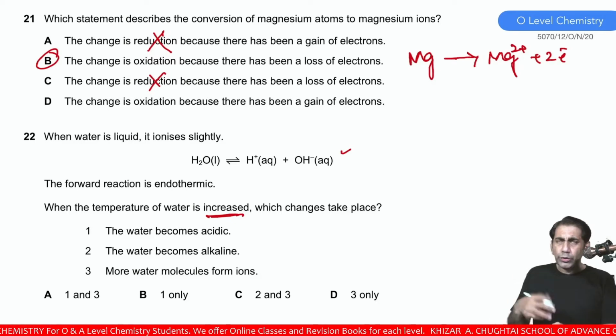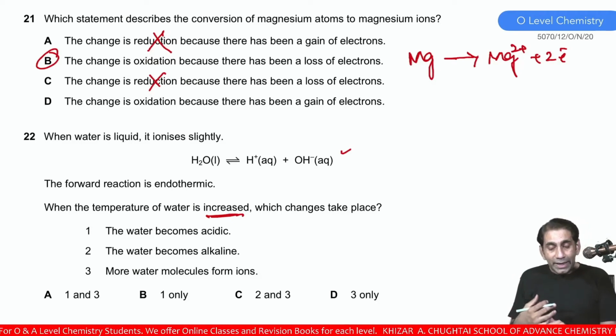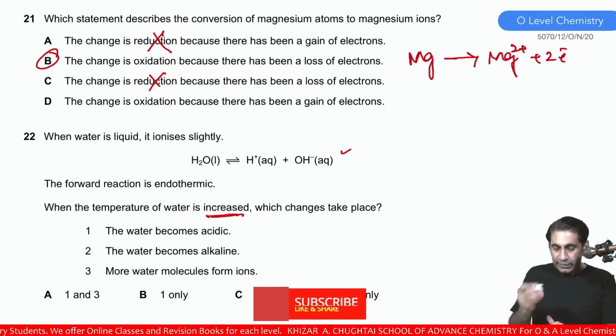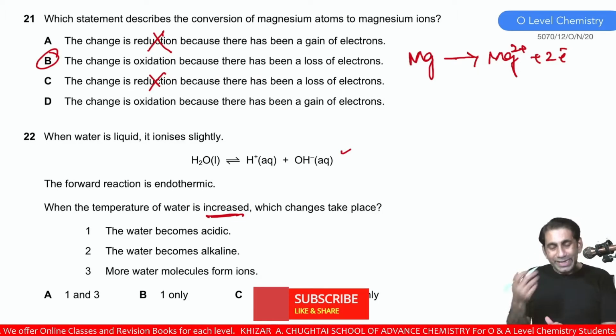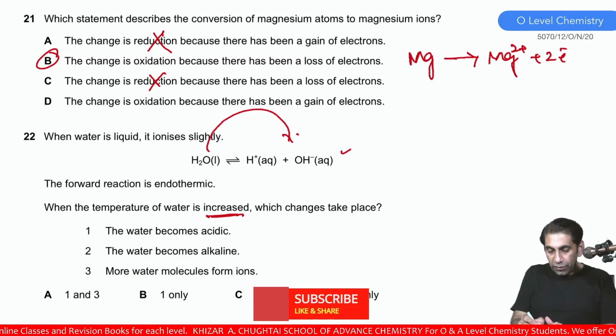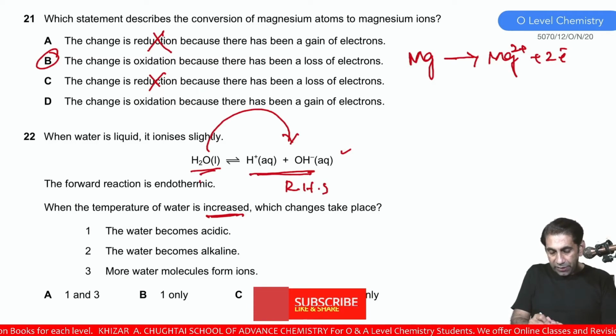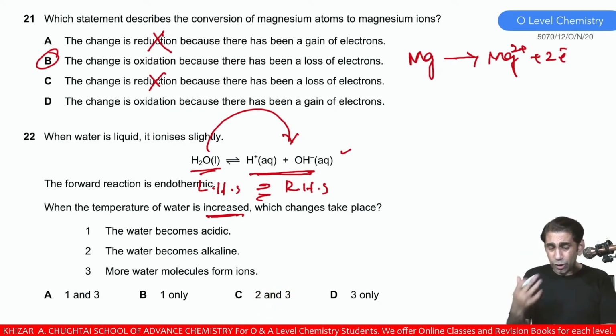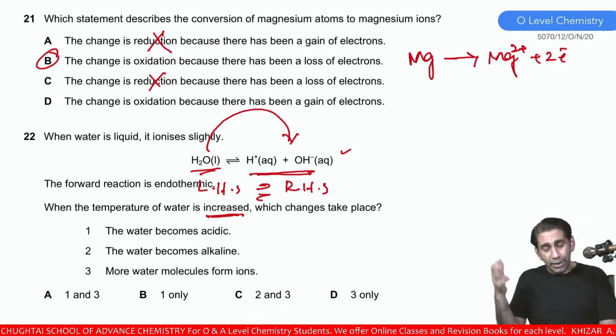Increase in temperature favors the endothermic reaction. So by raising the temperature, equilibrium will shift towards the right hand side. This is the left hand side of the equation, and this is the right hand side. Yes, it will move towards the right hand side.